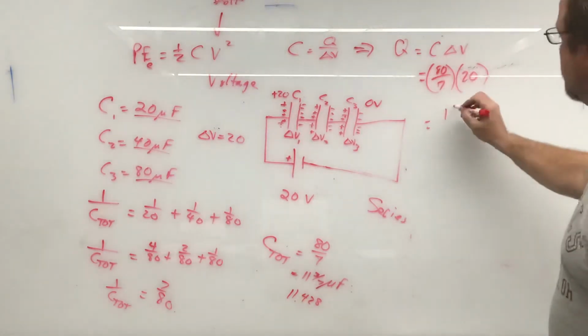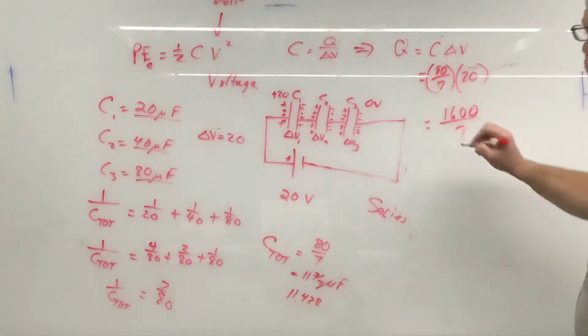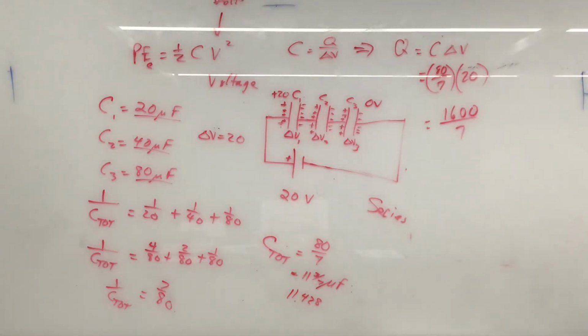These aren't coming out as nice numbers. I could have worked harder and made them come out nice, but I didn't. That's 1600 divided by 7, which is 228.57, something like that.